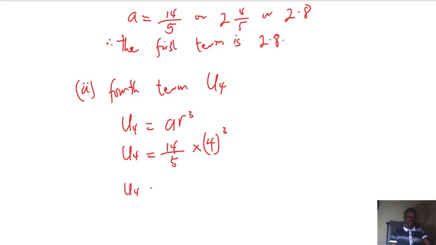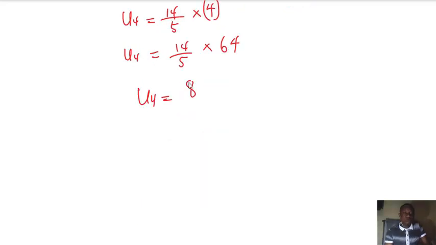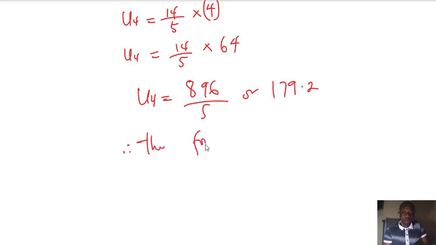So we have U4 equal to 14 over 5 times 64. So U4 will be equal to 896 over 5, or 179.2. So therefore the fourth term will be 179.2.